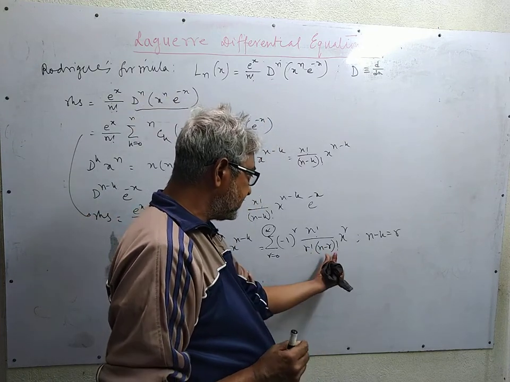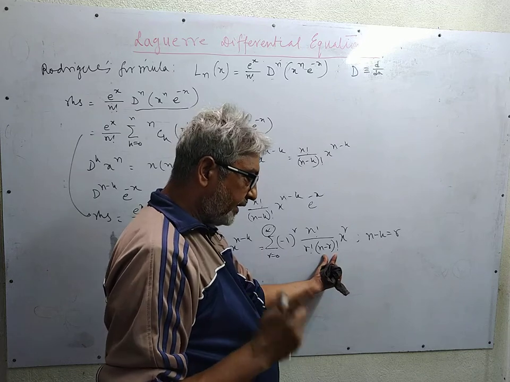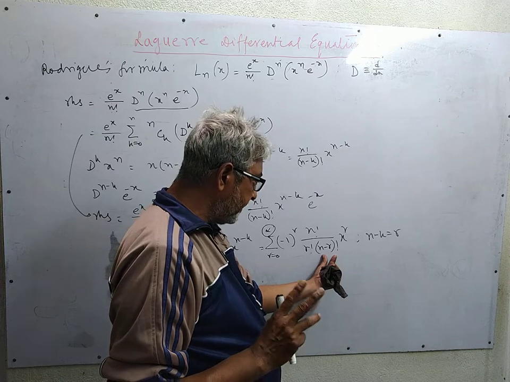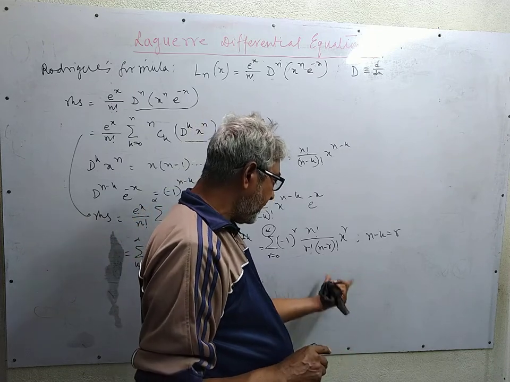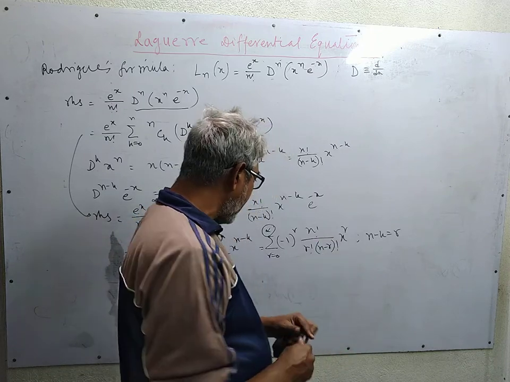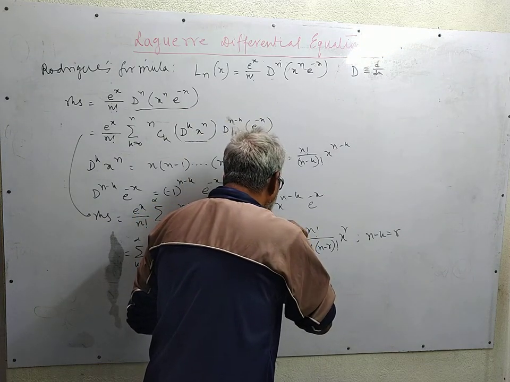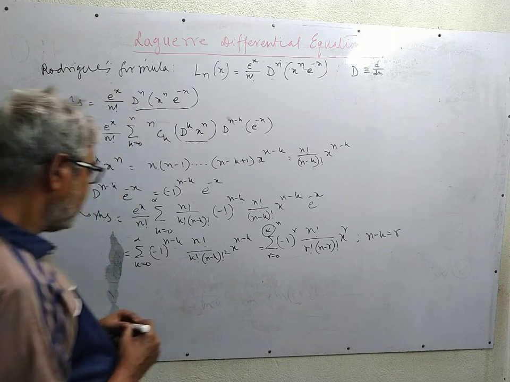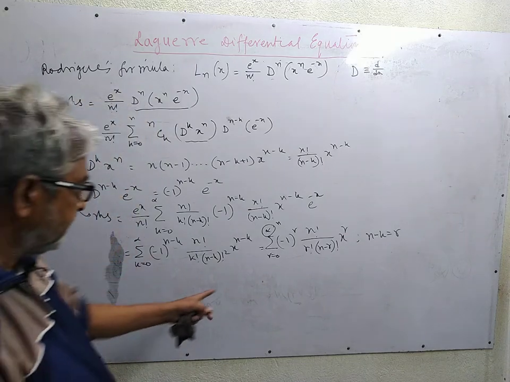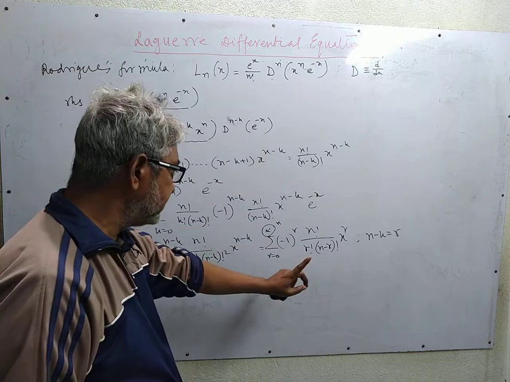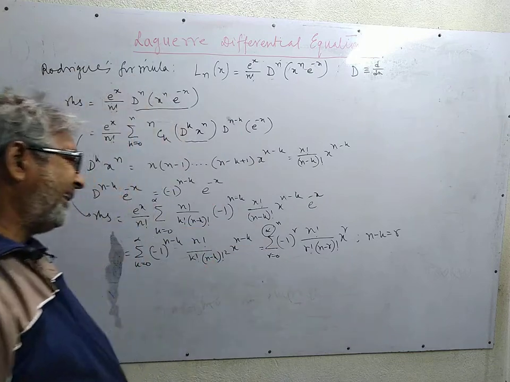For negative integral values of the argument, the gamma function, or factorial function, is not defined. So effectively this becomes r from 0 to n, which gives you the series. If we use the series solution, this is nothing but L_n(x).